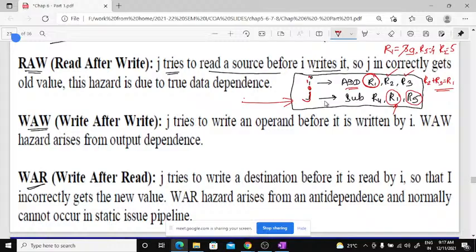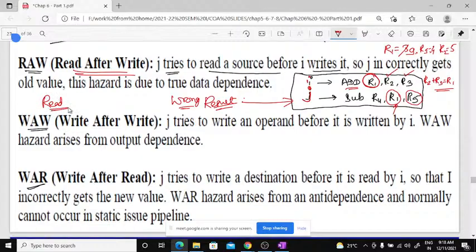So it creates a problem, meaning we will get a wrong result. This type of data hazard is read after write: reading the data before write. That's why this type of architecture should read the data after write.